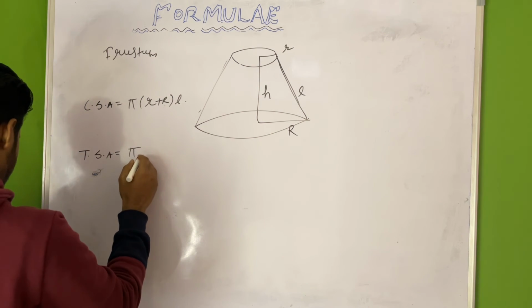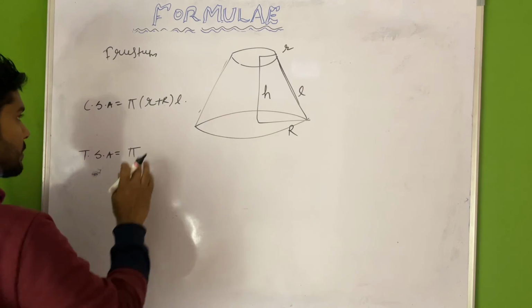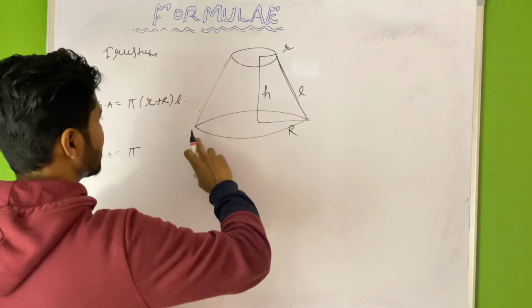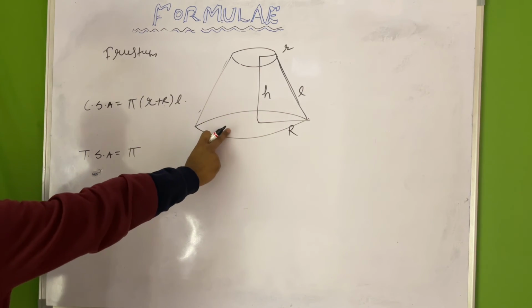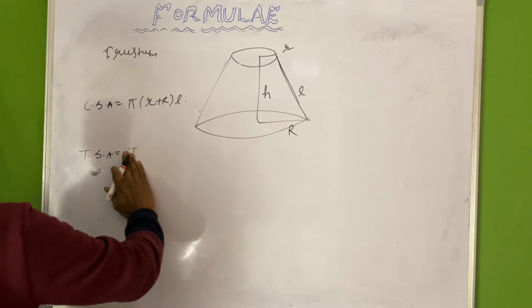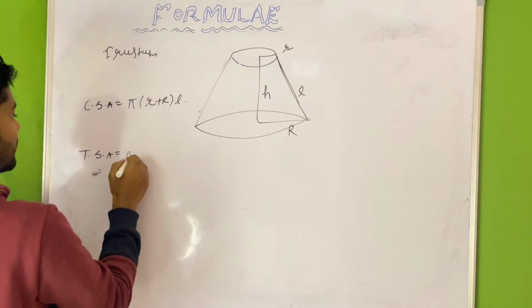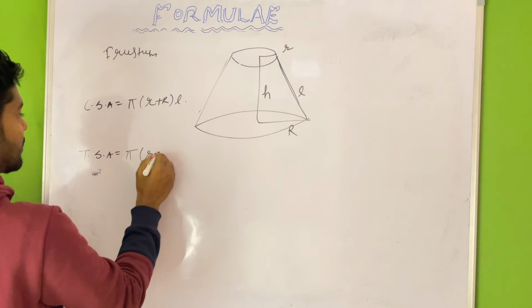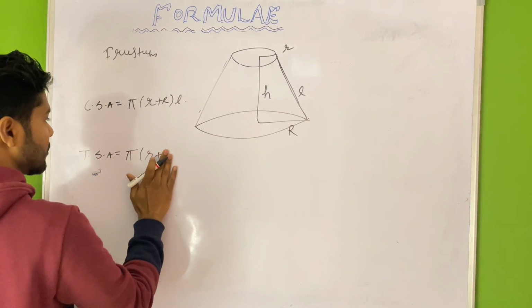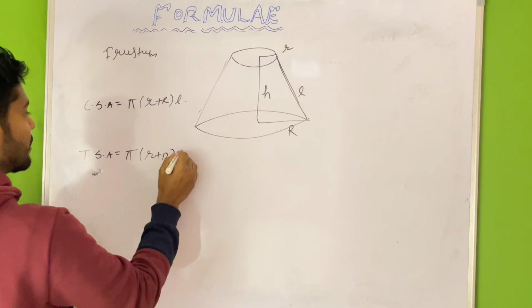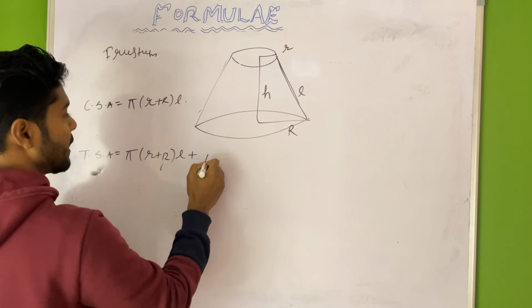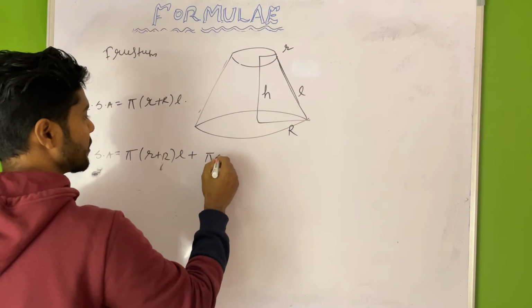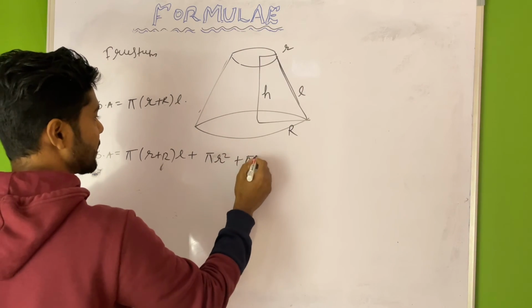pi. This is total surface area. Total surface, this is curved surface area. For total surface area, we have to add this area as well as this area. So pi (r plus R) L plus pi small r square plus pi capital R square.